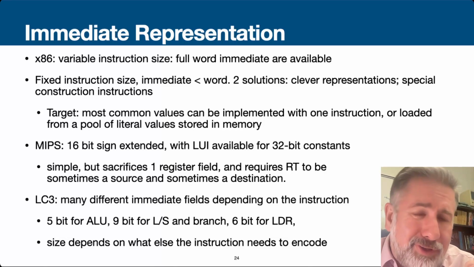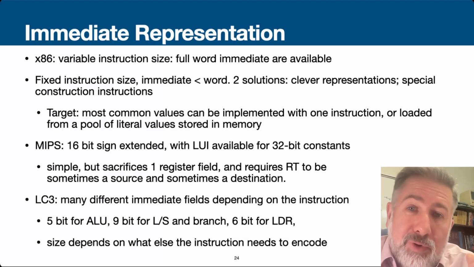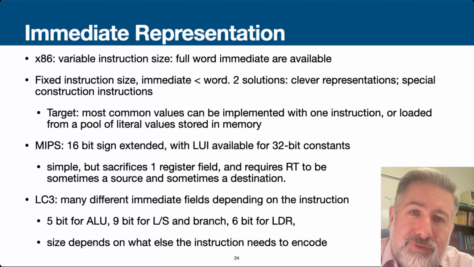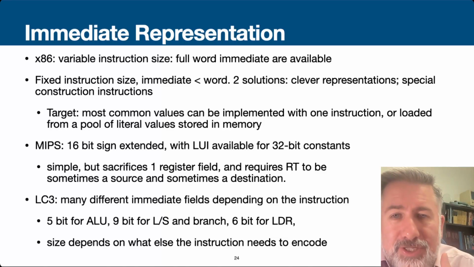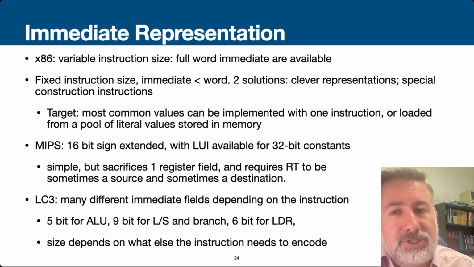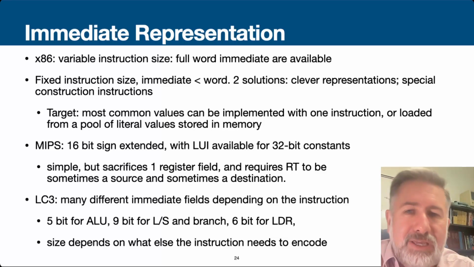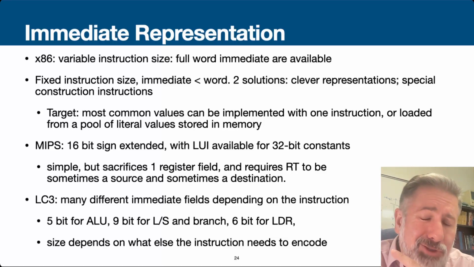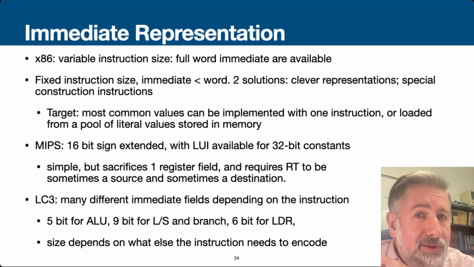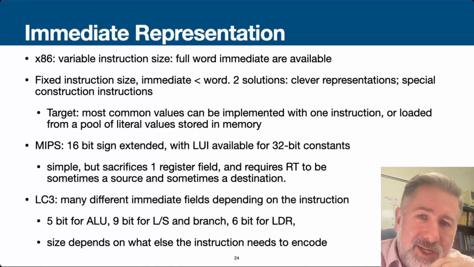The problem with this is that you have thrown away a register, right? Usually in MIPS you have 3 registers, but now with this method you actually have to throw one of the registers away to get a full 16 bits of immediate. And so as a result, you have to have one of your registers be either a source or a destination.